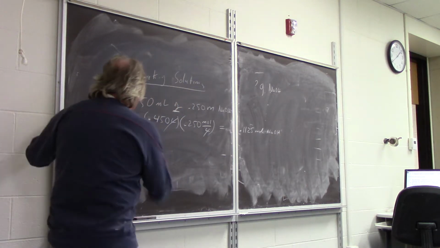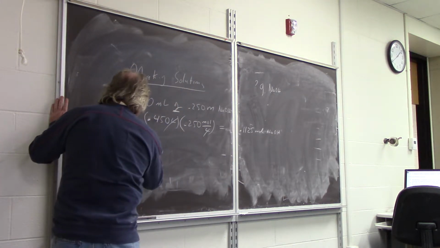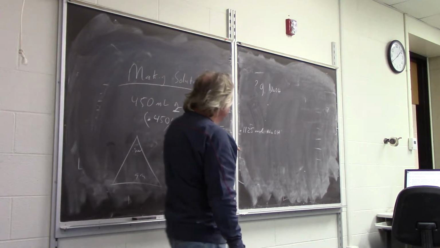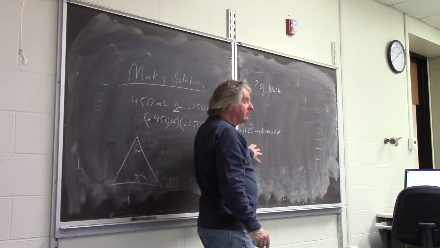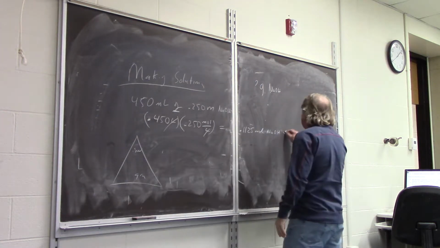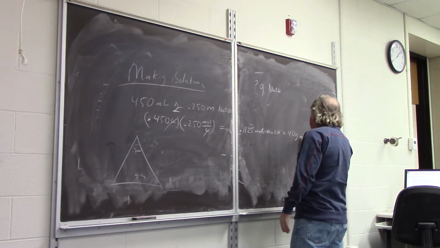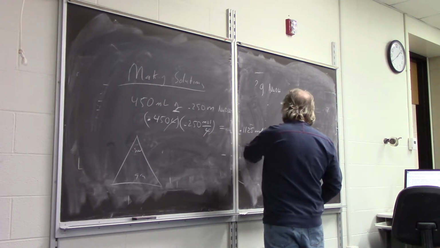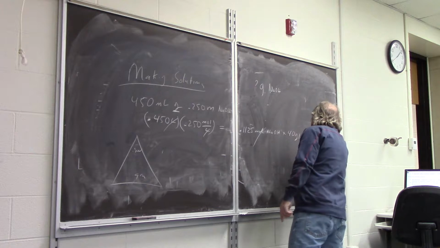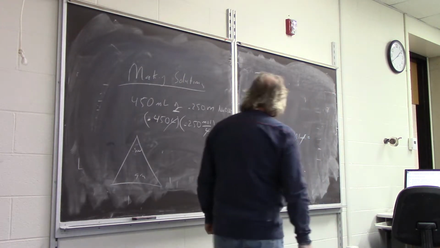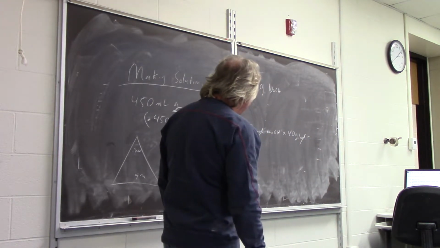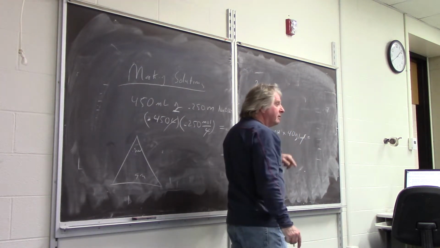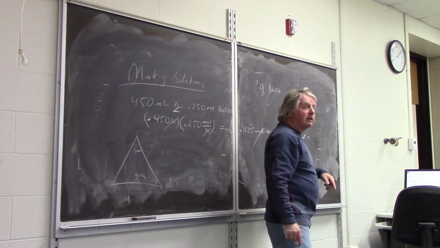Okay, in terms of the triangle, we have moles up here and grams down here. So you're going to take this and multiply it by the molar mass. Moles times grams per mole will give you grams. 0.1125 times 40 is 4.5.